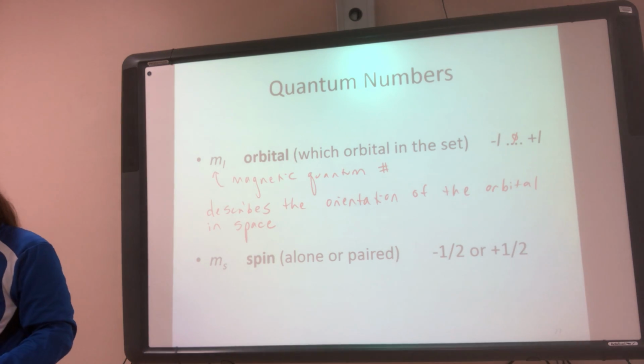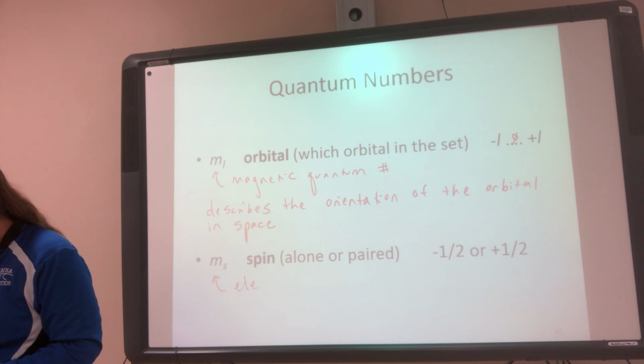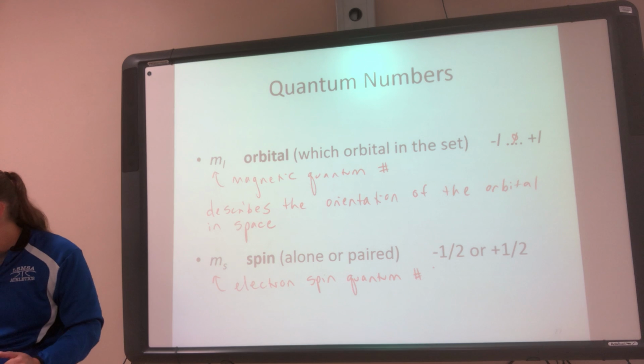All right, my last quantum number is the MS. This is the electron spin quantum number.